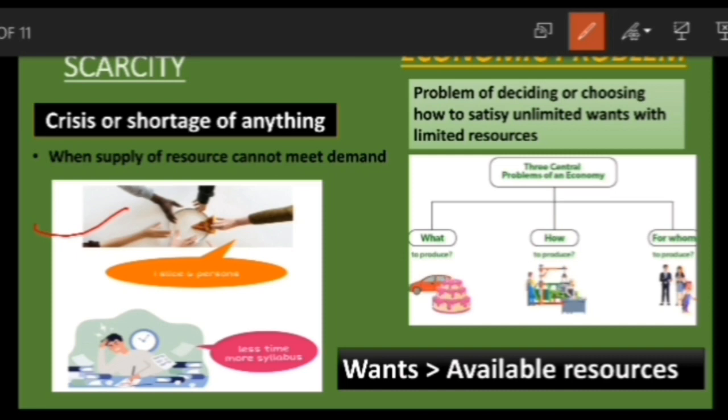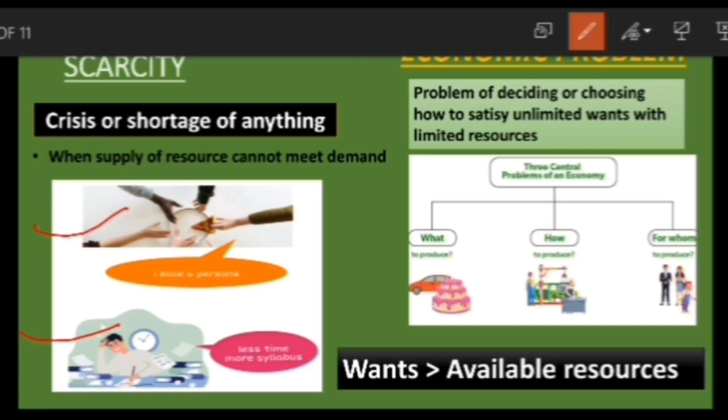So we need to distribute that one slice among 6 persons appropriately, जिससे कि उन 6 लोगों की need fulfill हो सके. In this picture also, a boy is studying but he doesn't have enough time to cover his full syllabus within that much time.